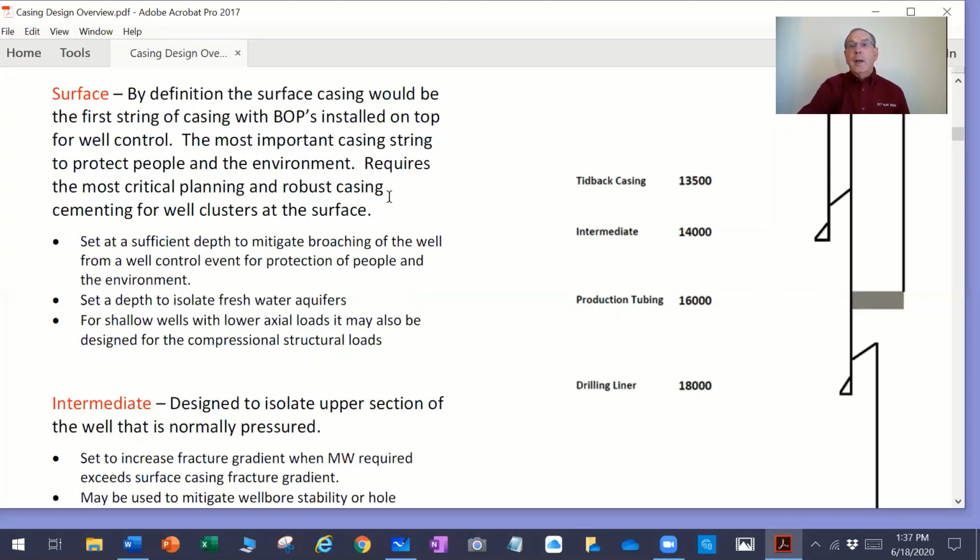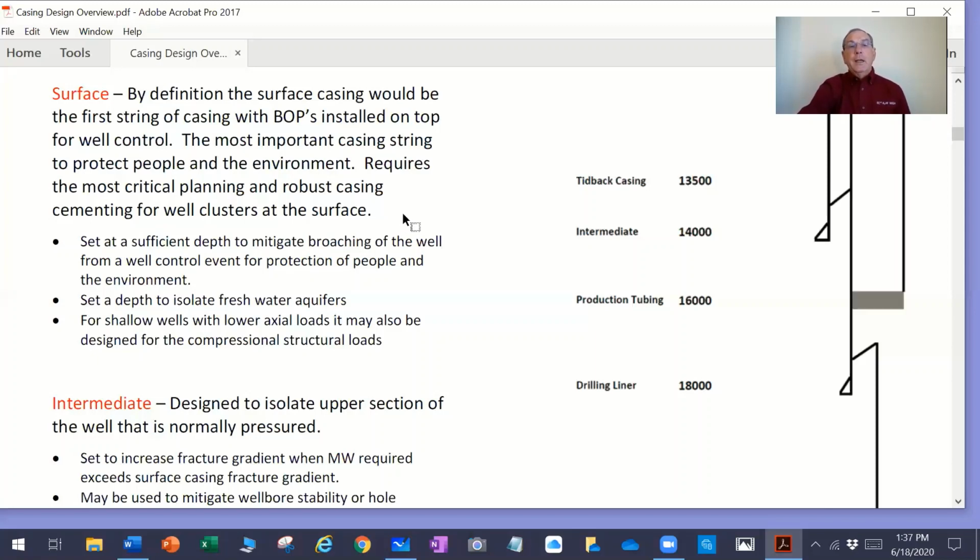So it's very important to make sure you have good isolation on a surface casing string by paying a lot of attention and doing a good cement job on all your surface casing strings, especially when they're in a cluster, you know, multiple wells located at the same surface location.